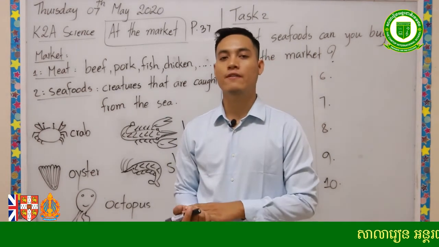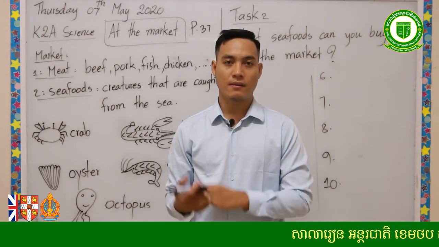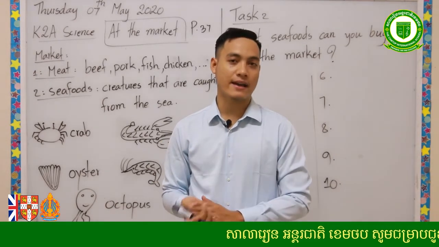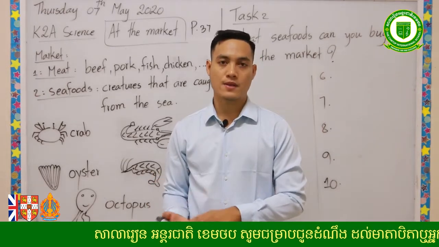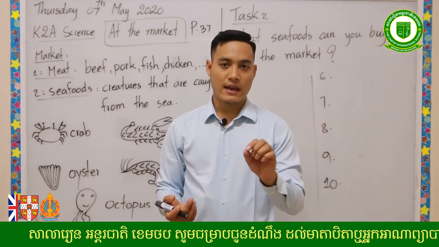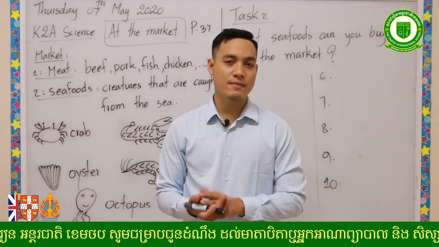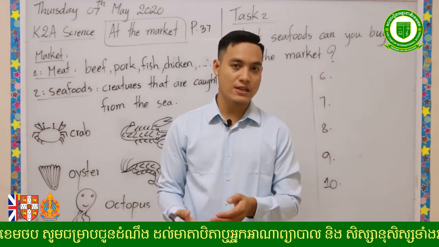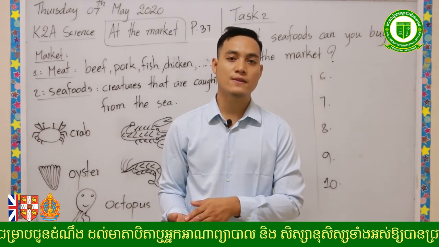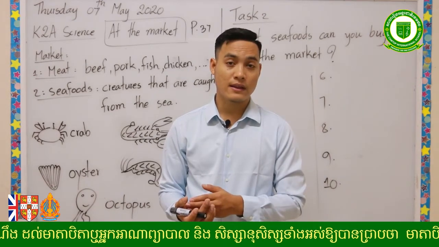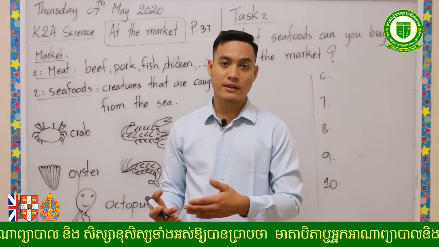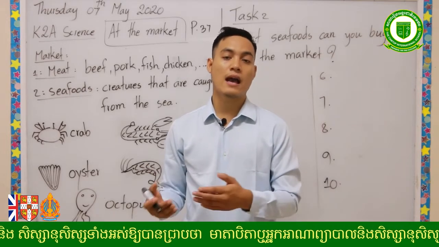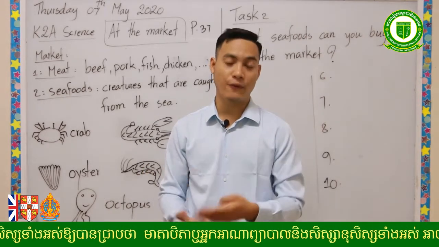What you learned in the first video is about buying meat at the market, and we learned about different types of meat. Meat refers to a part of an animal, typically a mammal or bird, that we can use as our food.